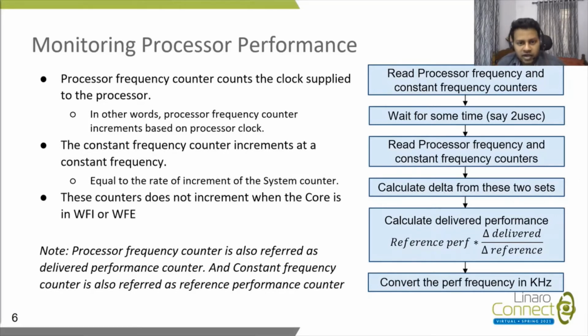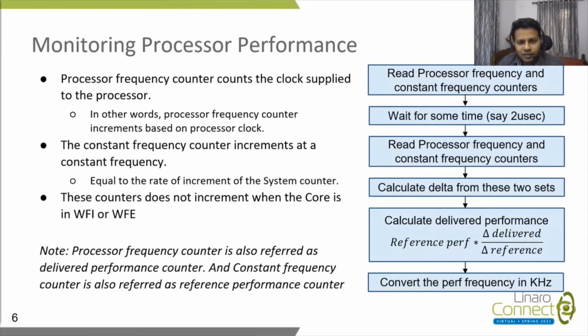there are two sets of reading. Based on these two sets, calculate the delta between them, and using this, the delivered performance can be calculated as reference performance times delta delivered divided by delta reference. In this calculation, the reference performance is known, and the delta delivered and delta reference are obtained from the AMU counter values.